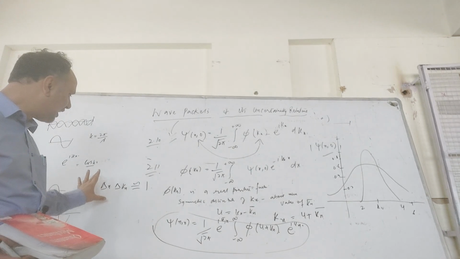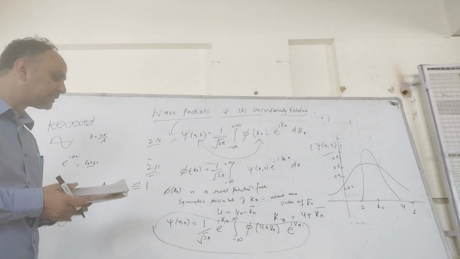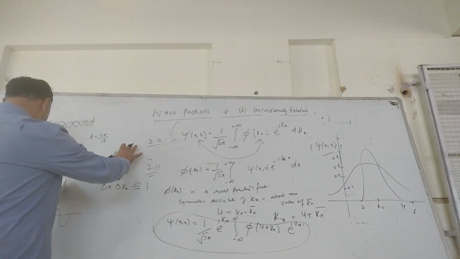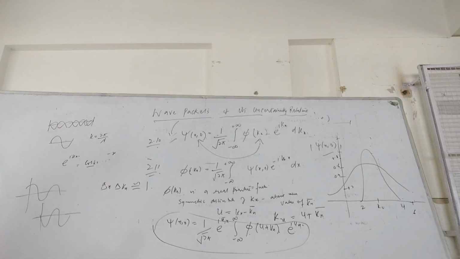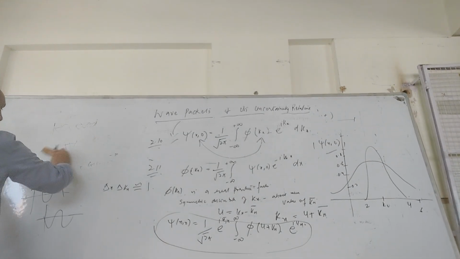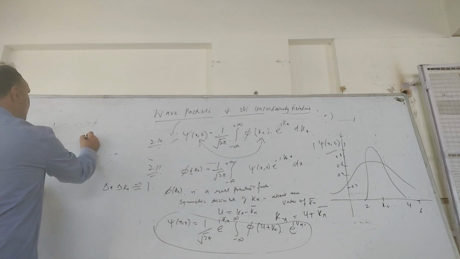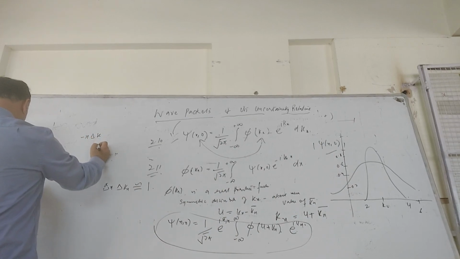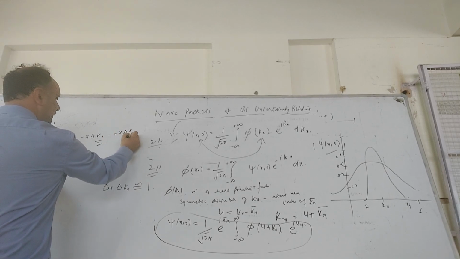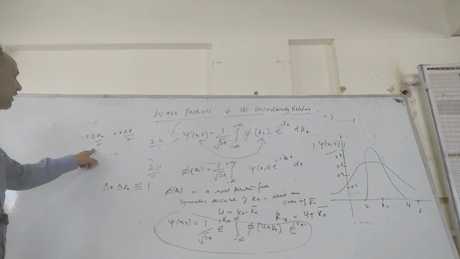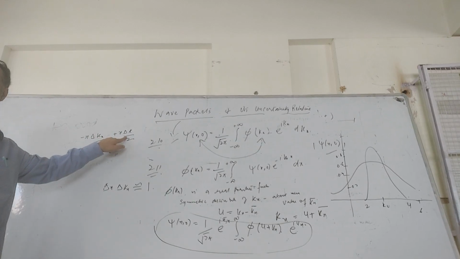The mean of this value will be minus x delta kx by 2 plus x delta k by 2, meaning the mean will come by dividing by 2, so the function will have from this to this.